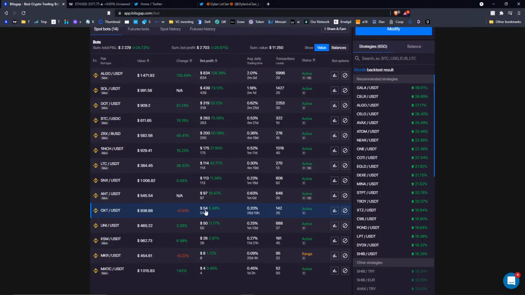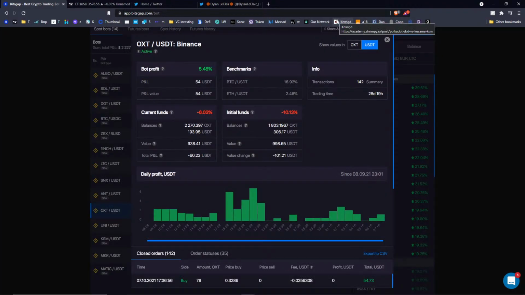I still have my bot making me some money, so far $54. If not for the profit that was generated by the bot, then my overall performance would be worse. It would be -$100, whereas thanks to the bot it's just -$60.